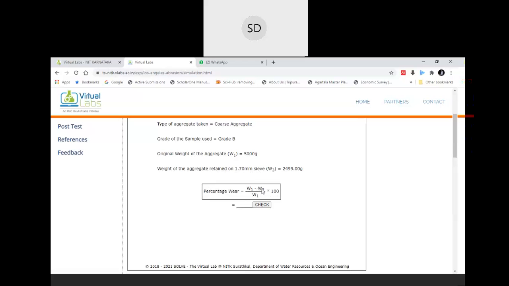Basically, whenever you deduct W2 from W1, you get the weight of the aggregate which passes through 1.70 mm.